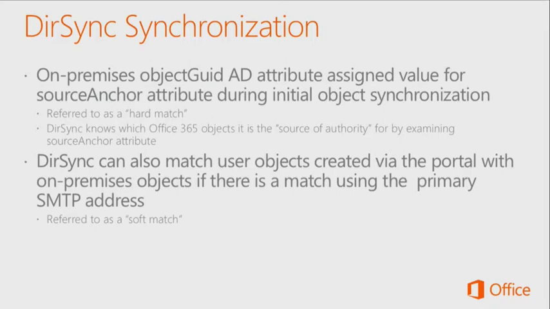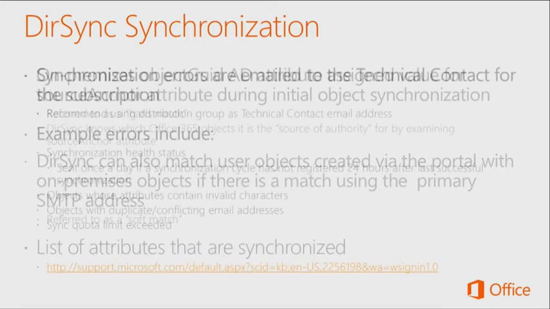DirSync can also match a user object created via the portal with on-premise objects if there is a match using the primary SMTP address. So if you accidentally create a user in Office 365 that you already have on-premise, it can still match that up, and that is referred to as a soft match.